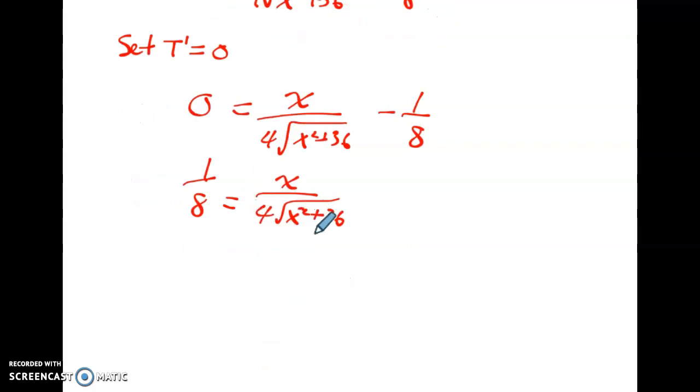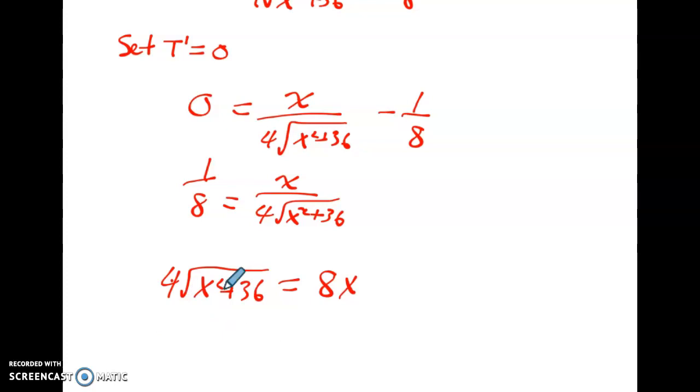And then I'm going to multiply both sides by this 4 root x and by the 8. So multiplying by the 4 root x would leave me with a 4 root x squared plus 36 on the top, and then multiplying both sides with 8 on the other side would leave me with an 8x.